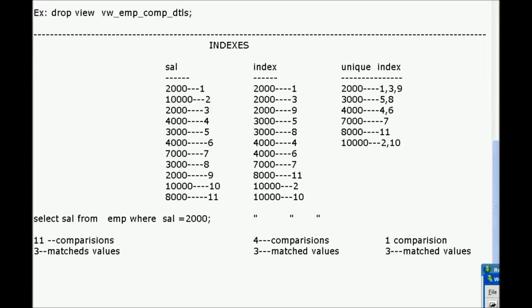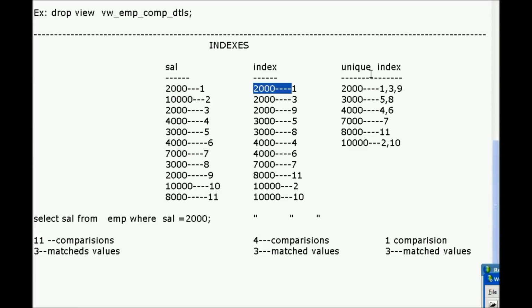What is the advantage? In the actual table, the comparisons go step by step, means one by one it has to compare all the values. In case of an index, it is already maintaining ordered data. Until a different value is found, the comparison will automatically be skipped. So it reduces the vast number of comparisons. Okay.